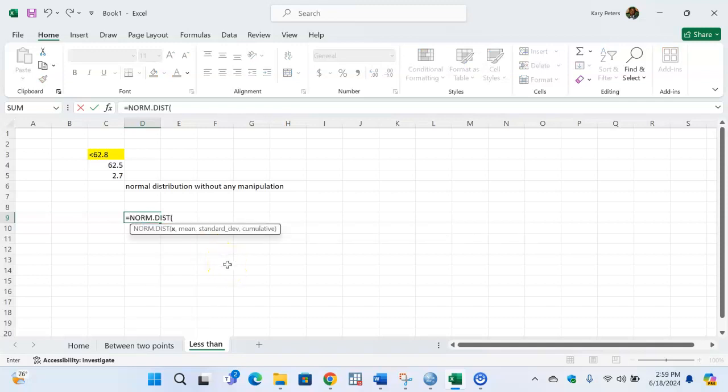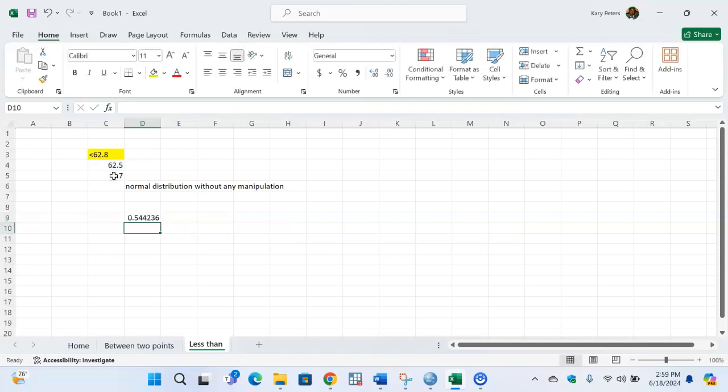But now what is our X? 62.8, sorry. Then what is our mean? That's our mean. Standard deviation, that's our standard deviation. Then cumulative, still yes. Then that is our answer.